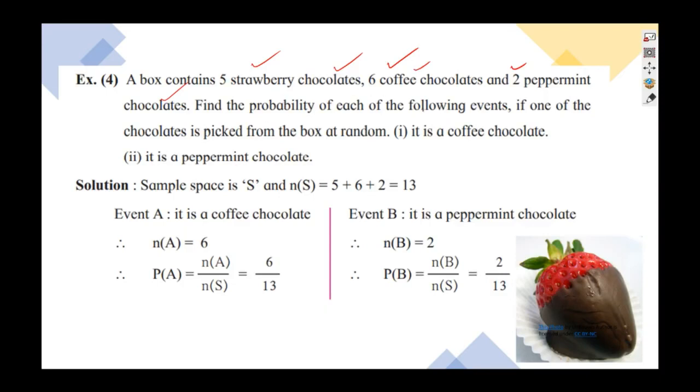Find the probability of each of the following events if one chocolate is picked from the box at random. It's a coffee chocolate, what is the chance? Peppermint chocolate, what is the chance? The sample space S is equal to 5 plus 6 plus 2, which is 13. Coffee chocolates are 6 in this, so 6 upon 13, and peppermint is only 2, so 2 upon 13. It has become simple for you.